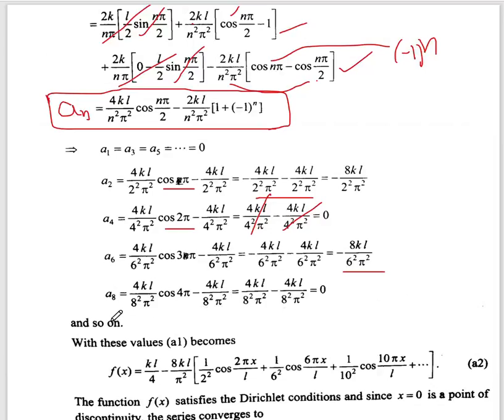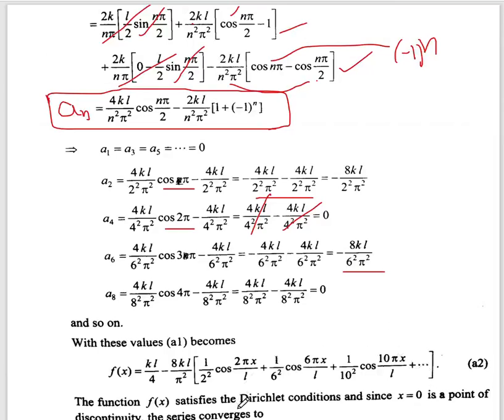Similarly, we can find a8. So a8 is 4kl upon π² 8² cos 4π, and cos 4π is 1. So this term and this term will get cancelled, that is a8 will get 0. In this way we can find a1, a2, a3, a4 and so on.